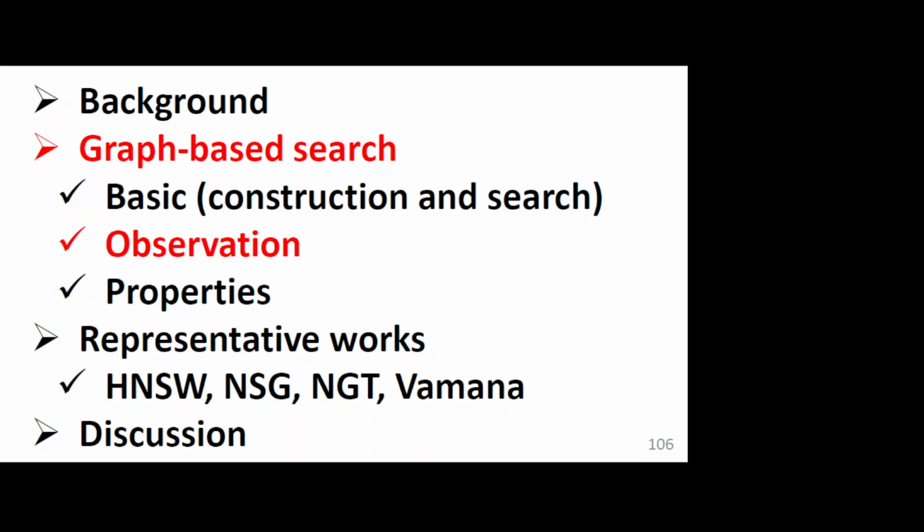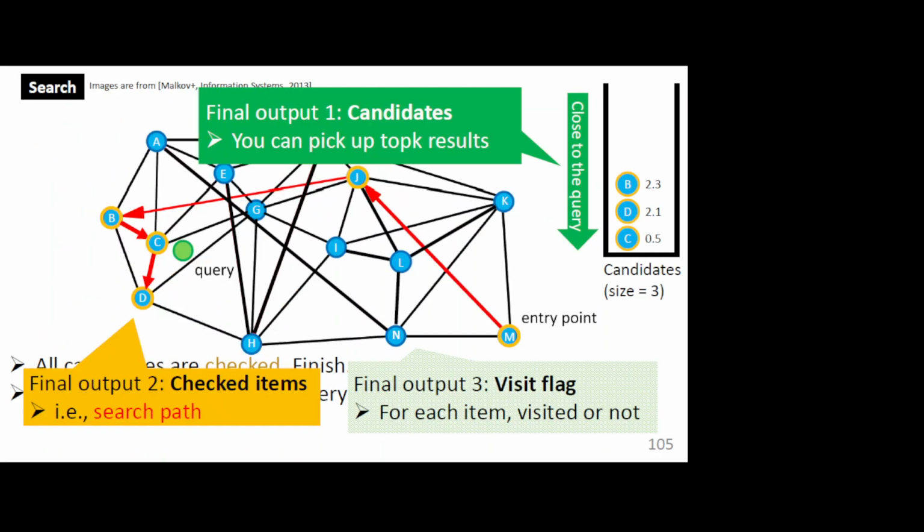Okay, any problem for the search? I think it's a very good example to illustrate the idea. Professor Matsui made a very easy to understand slide, like an animation, to illustrate the process of search.